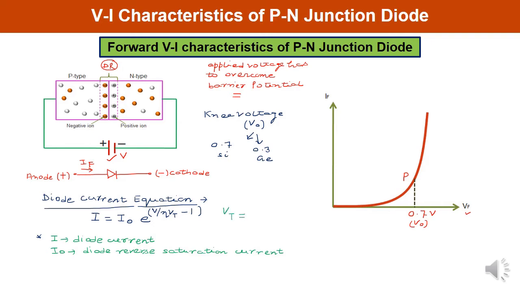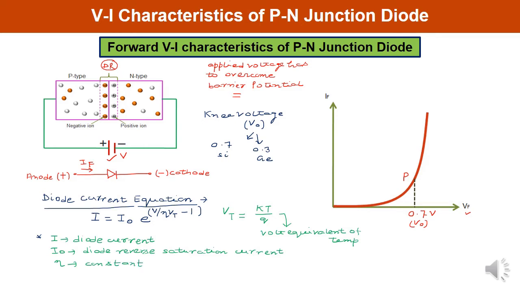Vt is nothing but kT upon q. And eta is a constant.